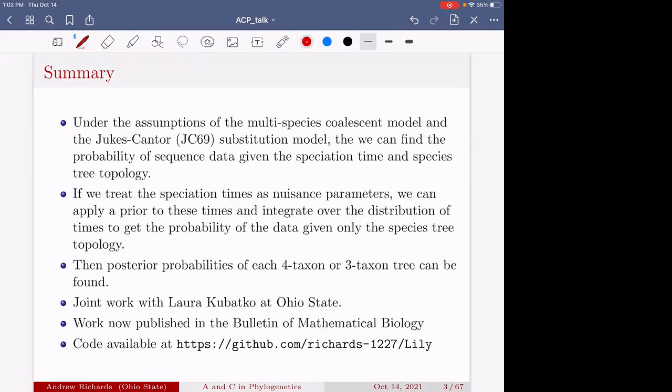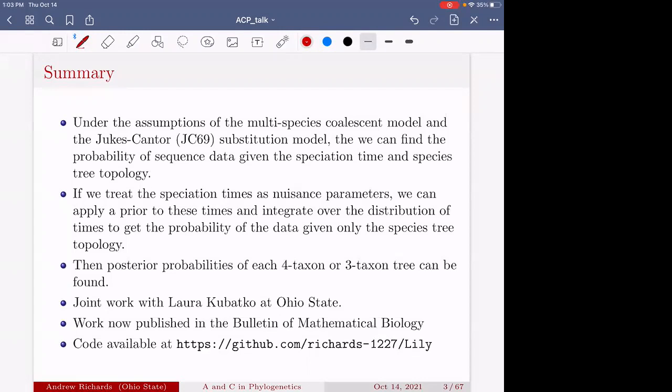If we then treat speciation times as nuisance parameters, we can integrate over them to get the probability of the data given only the topology. And then from there, we can find posterior probabilities of each 4-taxon species tree, and then use assembly methods to infer larger trees.